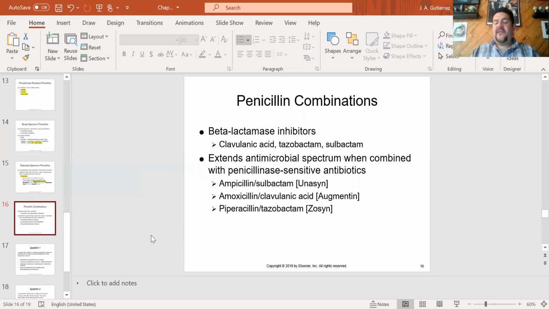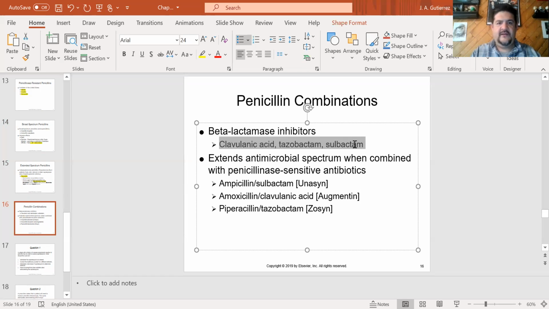Now, another way of fighting bacteria that is resistant is combinations of two antibiotics. That way, one antibiotic can treat the enzyme that is making the resistance, and then the penicillin can destroy the bacteria. So we have here 3 specific antibiotics that are designed to inhibit the beta-lactamase.